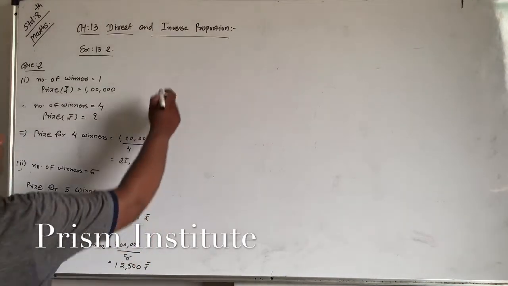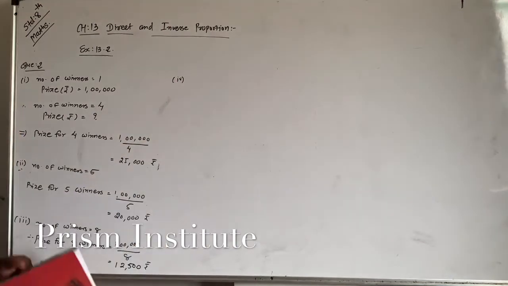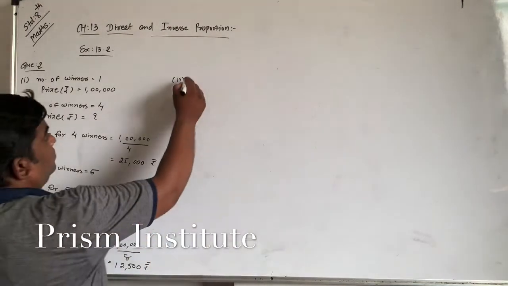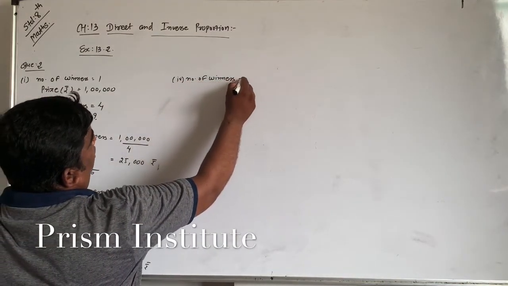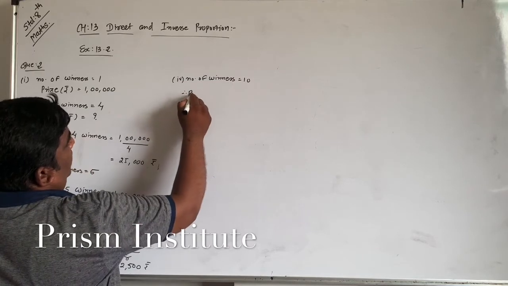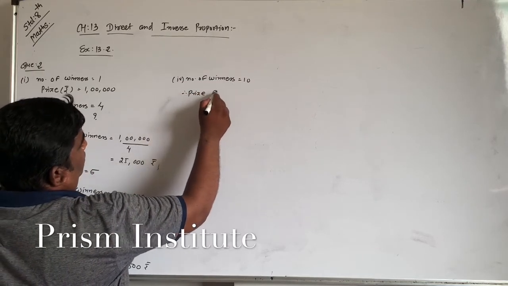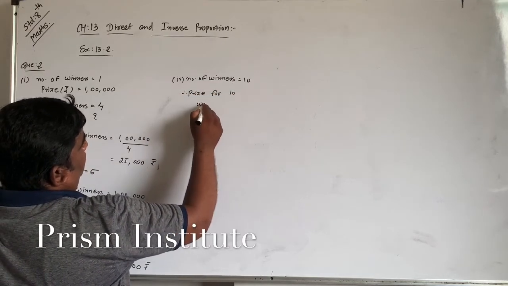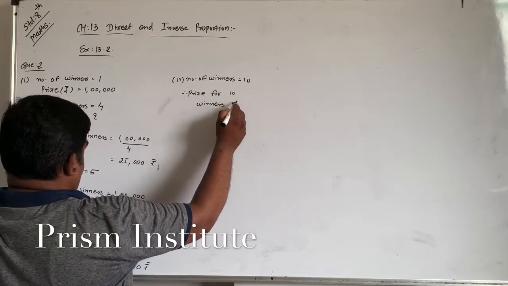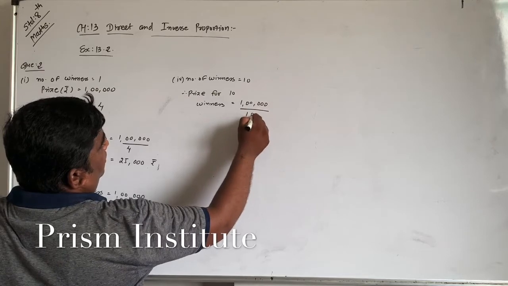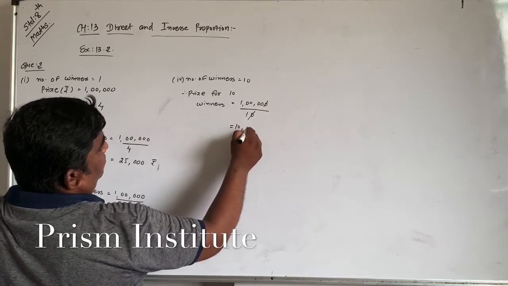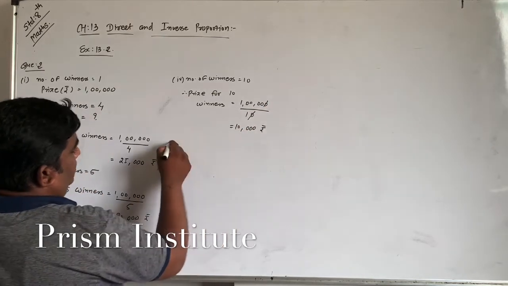Now next, fourth number, here there are 10 winners. So number of winners equals 10. So prize for 10 winners is equal to 1 lakh divided by 10. So 10,000. Okay, so 10,000.